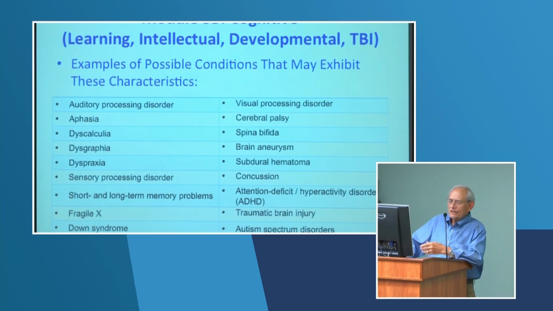Then there are developmental things that are determined genetically. Fragile X syndrome is more common in boys than in girls, about one out of every 2,500 to 4,000 births, so a very low percentage.